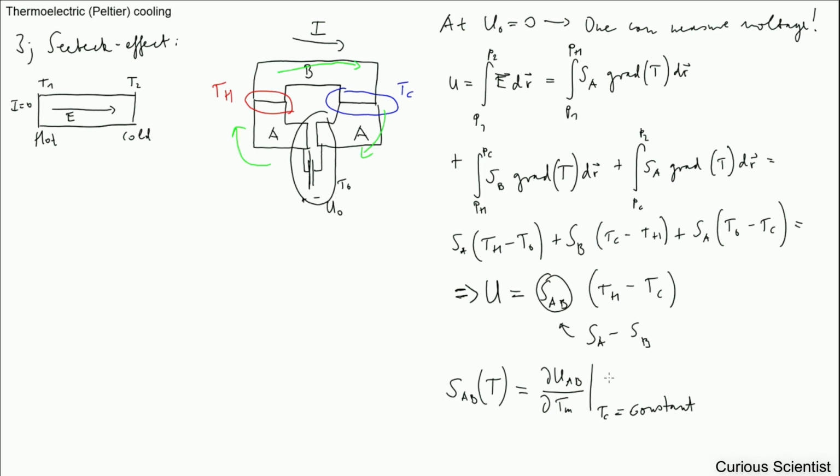So you can plot the temperature versus the voltage, and from that you can get back the Seebeck coefficient of your circuit. So this is a very important parameter. Basically this describes your device.